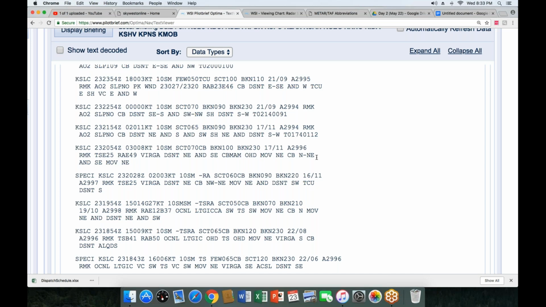What we do is we just say, hey, we got some CBMAMs in the vicinity of the airport. They're currently overhead at the airport. Expect turbulence. And that's all we could do. Just notify the pilot, hey, this is happening right now, so it's probably going to be pretty turbulent going in there. And that would be the best that we could do. It's giving them a heads up.